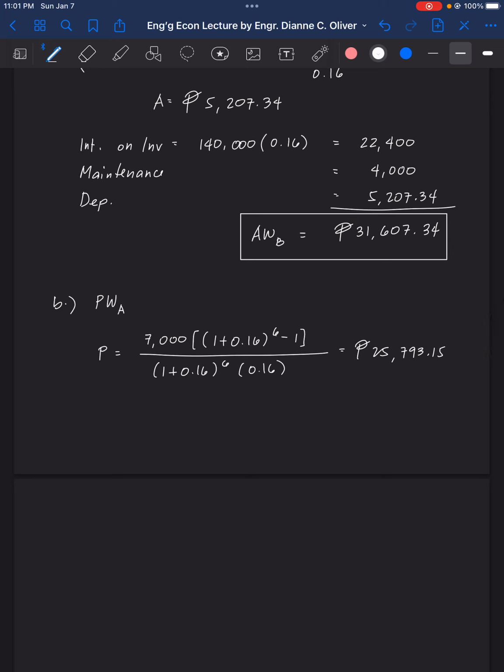Then we have the present worth of the salvage value, which is equal to the 6,000 future worth divided by 1 plus 0.16 raised to 6.